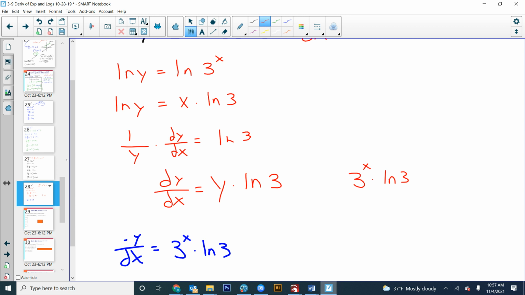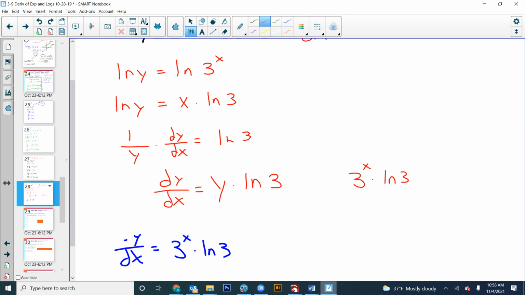So, Mr. Westphal, if I'm on a quiz and I forget a rule, can I just do that? I guess. I won't be happy about it. Can you do that to something like the derivative of cosine x? That wouldn't allow you to bring down any exponent. It wouldn't gain you anything.